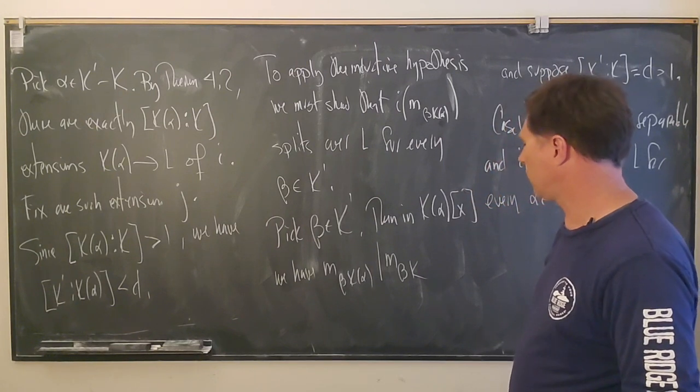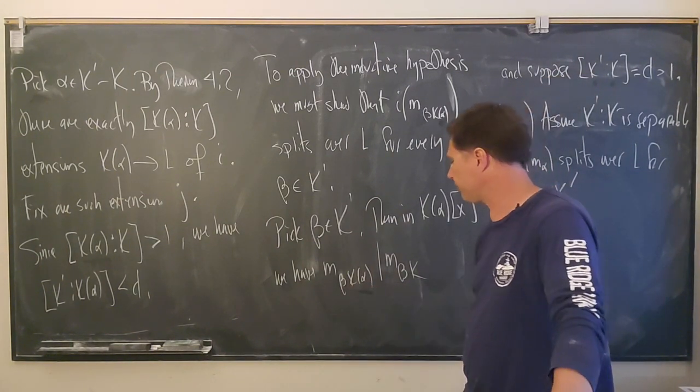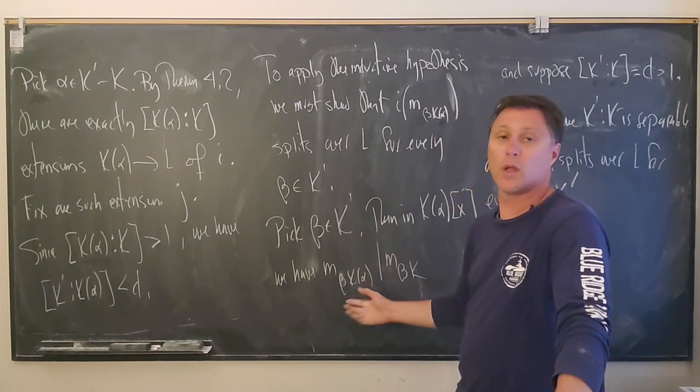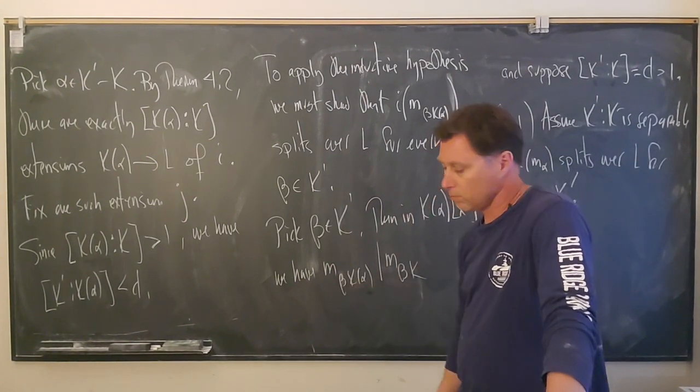Right? I mean, if you expand the coefficient field, the degree of the minimal polynomial can go down, right? So it's got to divide.